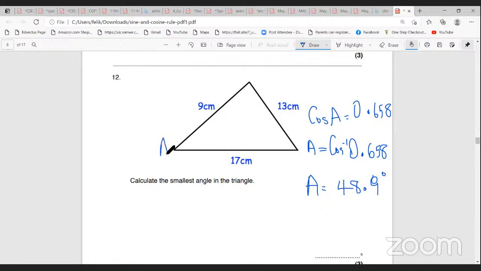This was our A, this was our B, and this was our C. Was it like that? How did we label it previously?